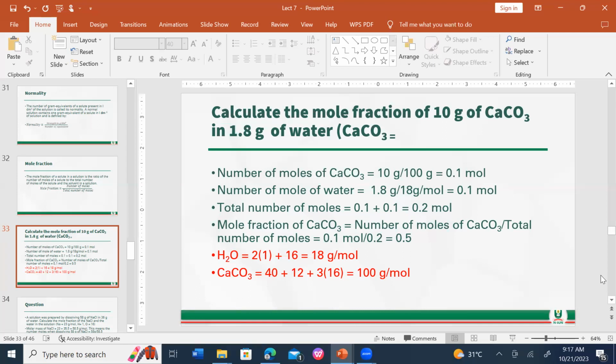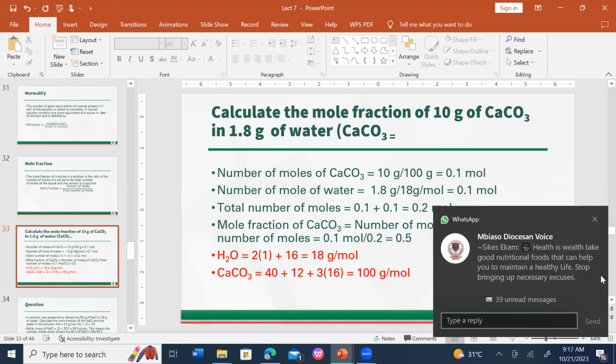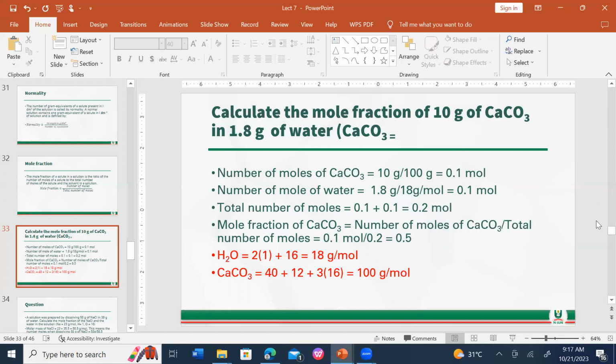So the number of moles is 10 divided by 100, which is 0.1 mole.